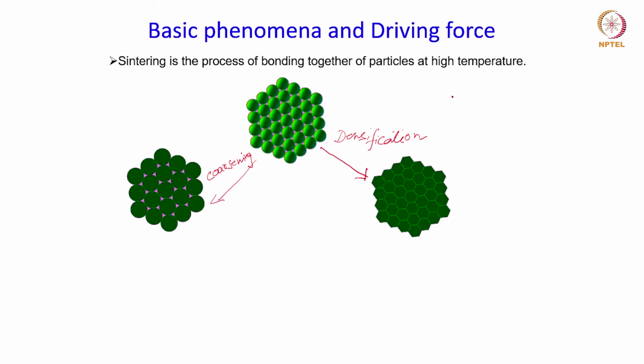So if gamma is the specific interfacial energy, then the change in the surface energy or interfacial energy due to densification will be this, and due to the coarsening the area is going to change, and due to that the change in the surface energy will be gamma into delta A, as opposed to delta gamma into A for the densification process, right?